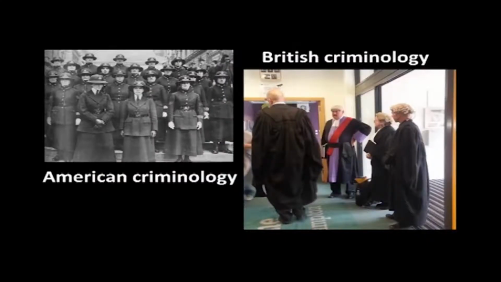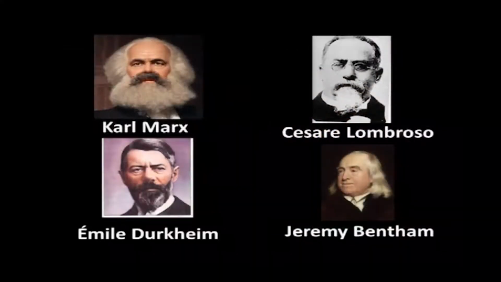American criminology was greatly influenced by British criminology due to the large number of social scientists that developed criminology theories. Some of these early criminologist theorists were Karl Marx, Cesare Lombroso, Jeremy Bentham, and Emile Durkheim.